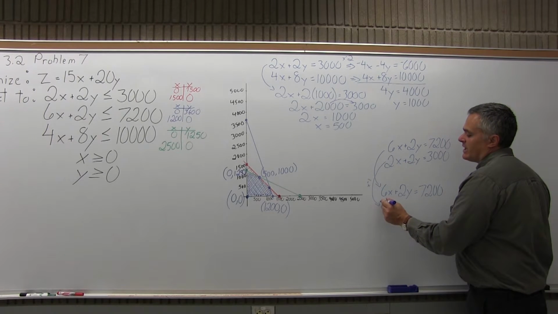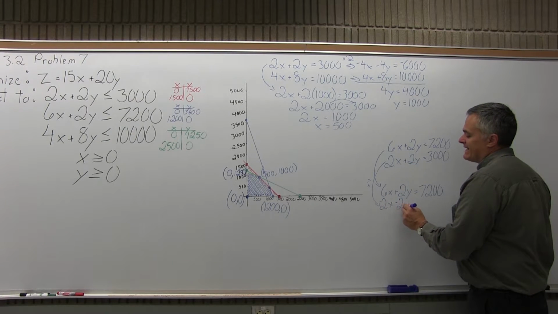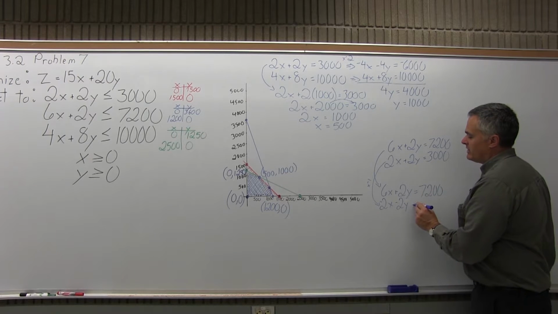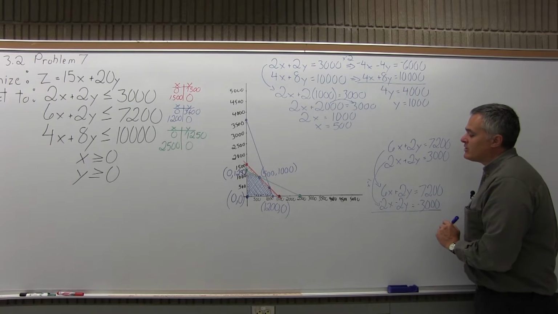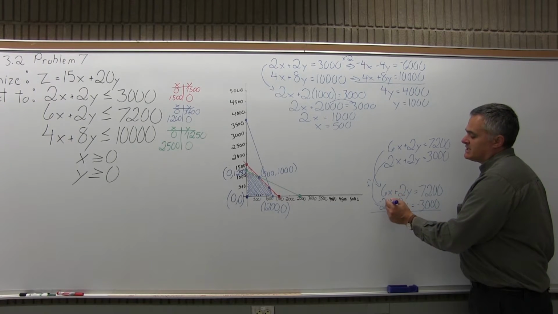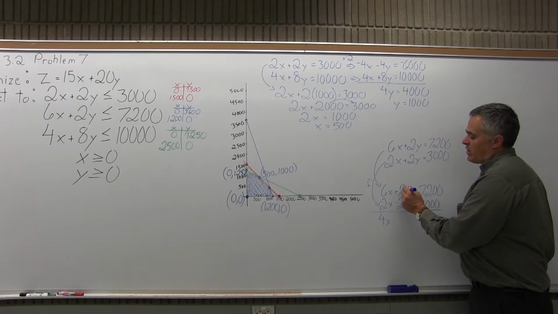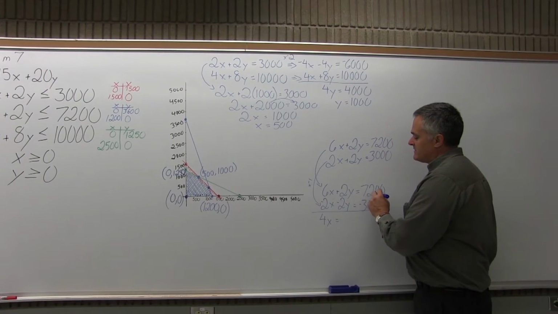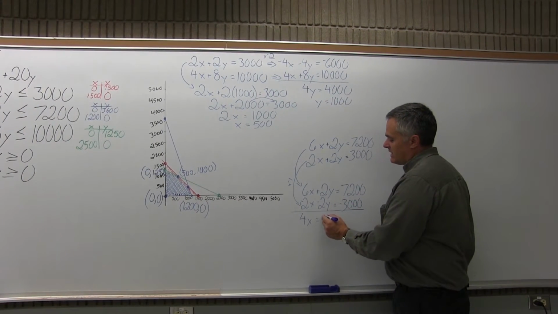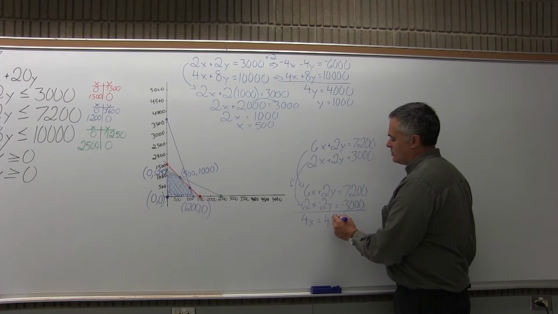Minus 1 times 2x is negative 2x. Minus 1 times 2y is negative 2y. And minus 1 times 3,000 is negative 3,000. Now when I combine my two equations, positive 6x, negative 2x is positive 4x. Then positive 2y, negative 2y will cancel, which is great. Positive 7,200 and negative 3,000 would be positive 4,200.